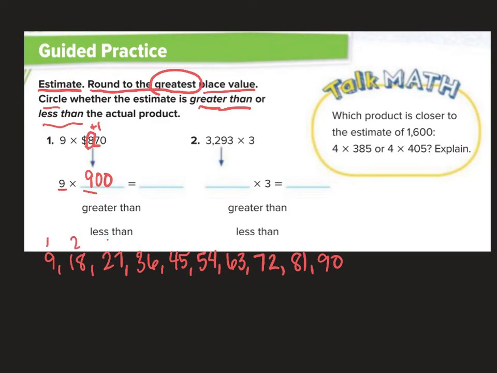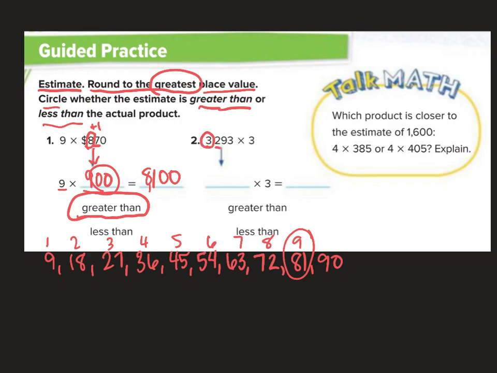So that's 1, 2, 3, 4 nines, 5 nines, 6 nines, 7 nines, 8, 9. Oh, 9 nines is 81. And 2 zeros, 8,100. And because I rounded up, that means my estimate is greater than the actual answer. Next one. Okay. This number is in the thousands.